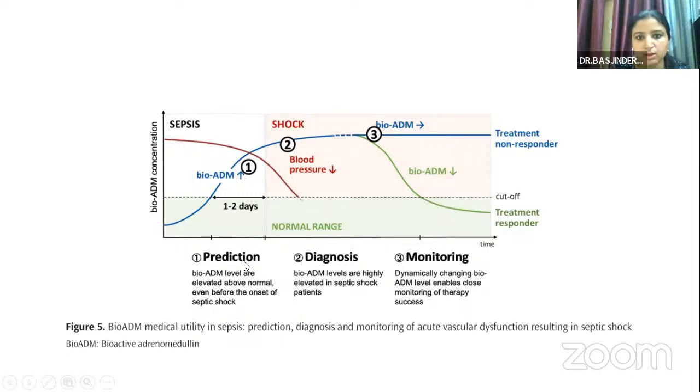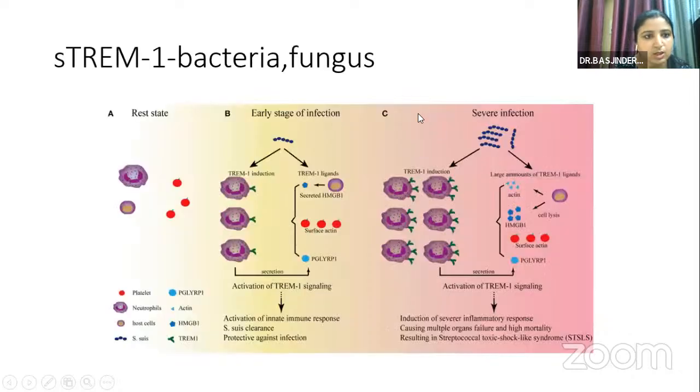So when there is treatment, appropriate antimicrobial therapy and other interventions to treat the underlying condition, if the proadrenomedullin level decreases, this means your treatment has responded, and if it does not decrease, this means it is not responsive.